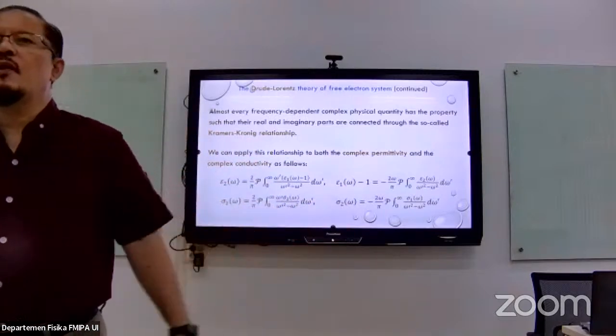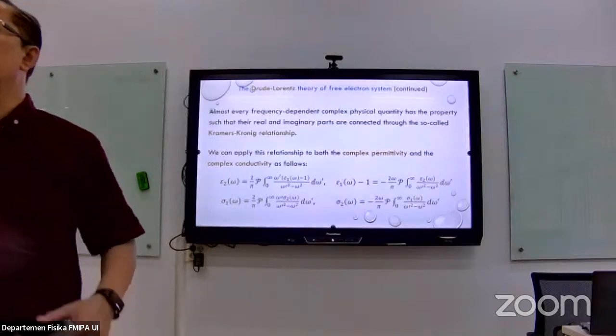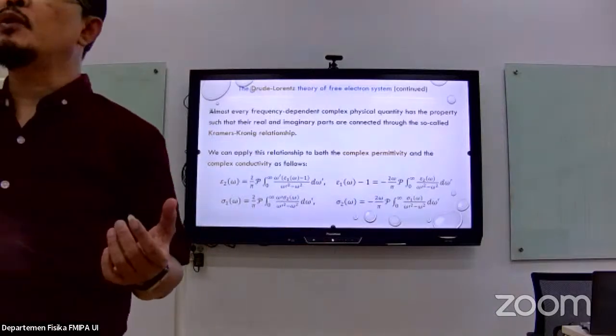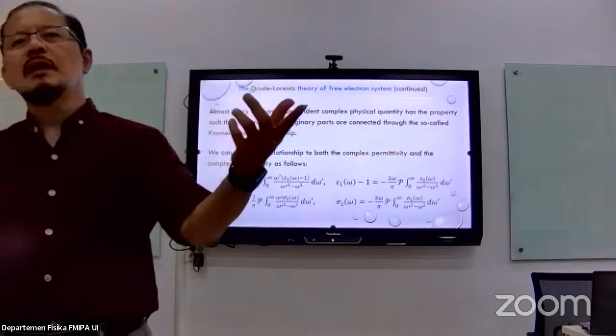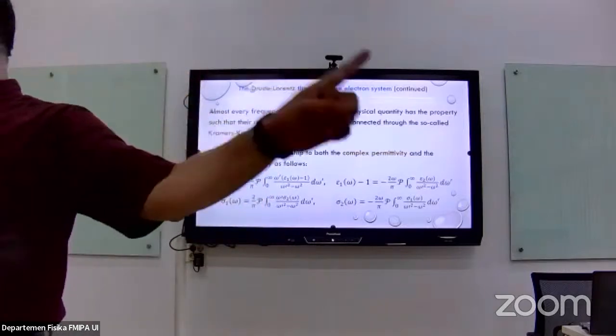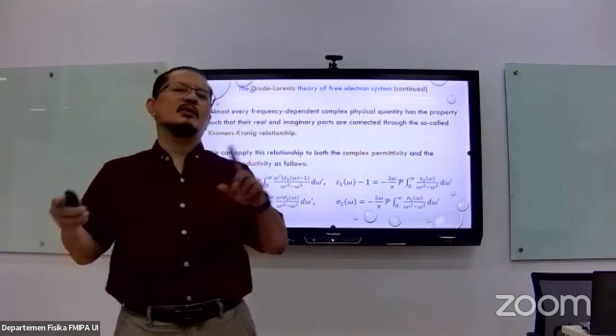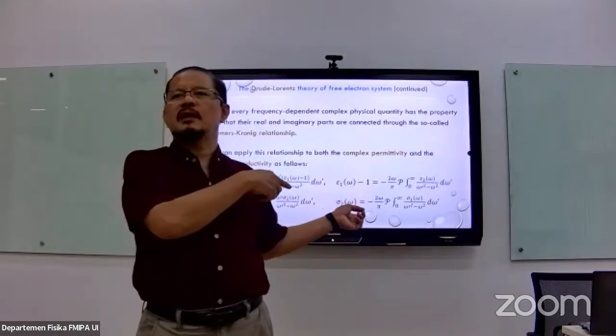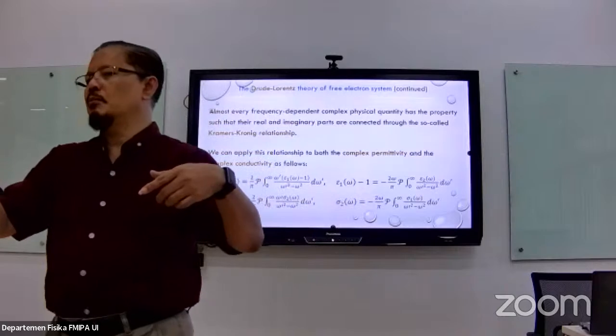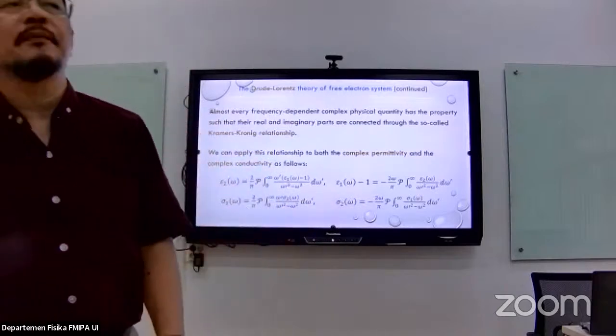So this is important for analysis to make our calculation easier. We don't need to calculate both. Once we calculate just one, the other one is simply calculated using this relation with a mass factor.